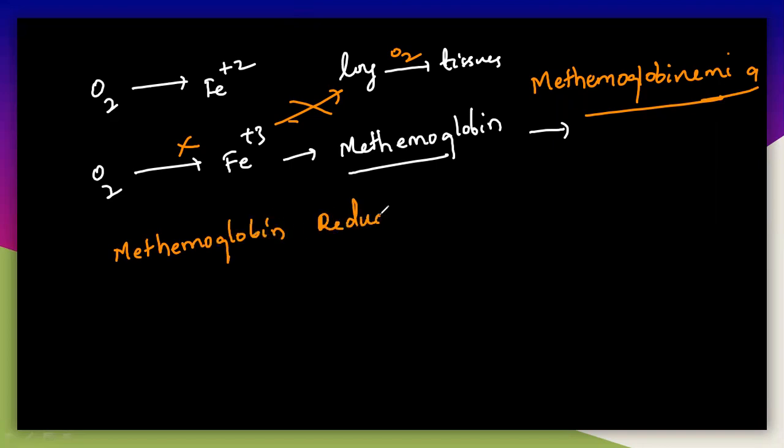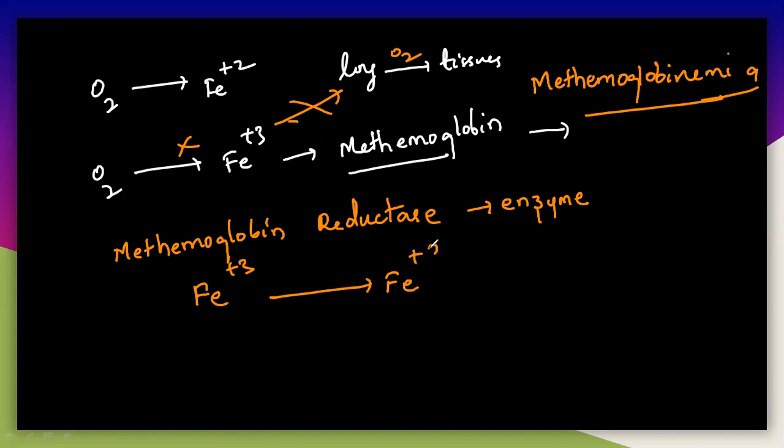In the word reductase, that means it is used for the reduction. So how can it reduce here? It can reduce Fe+3 into Fe+2.